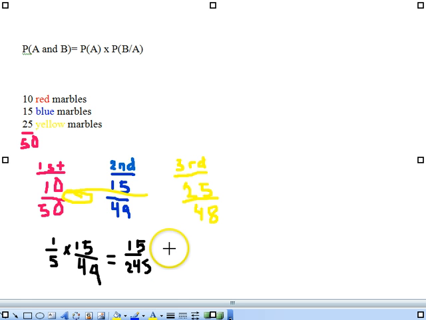Okay, and then we can't stop there. We have to also multiply that then by 25 over 48, our last probability that we figured out.